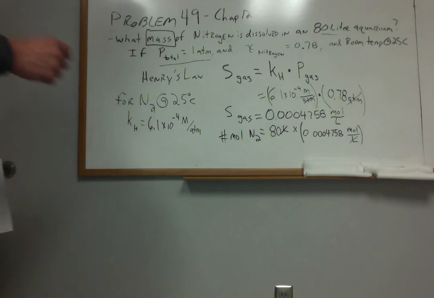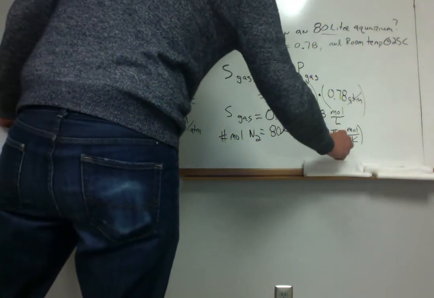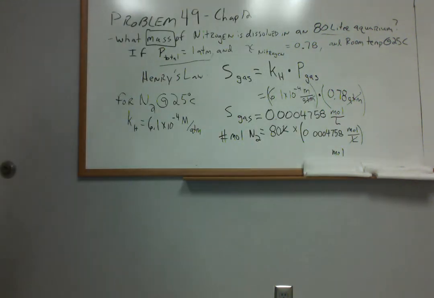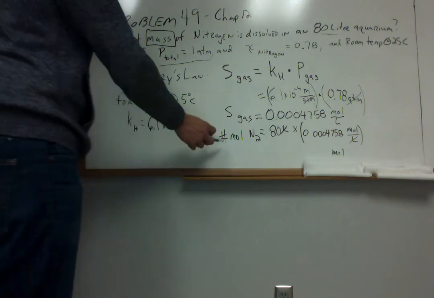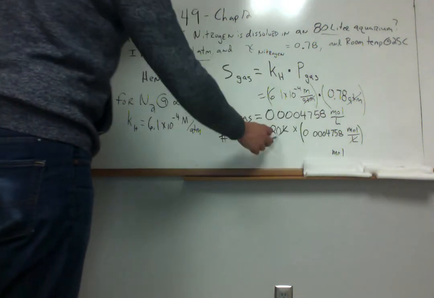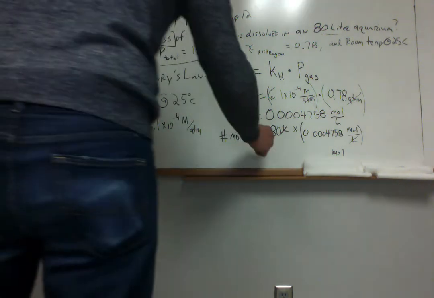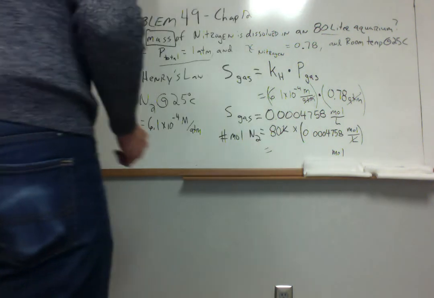Does that make sense? So liters cancel, we're going to be left with mole units. Remember at the tail end of class one day, I told you that there's this equation, the number of moles of dissolved solute is always equal to the molarity times the volume in liters. That equation is very, very useful for problem solving like this. I've used that here. As you can see, the liters cancel, you're just left with moles.